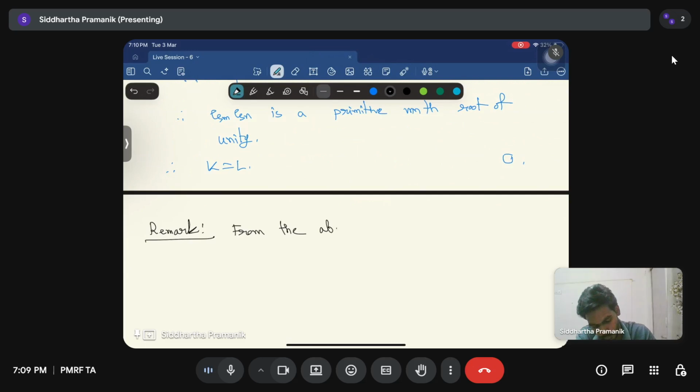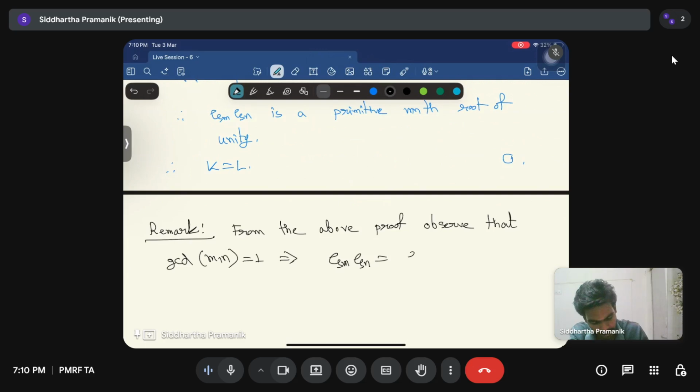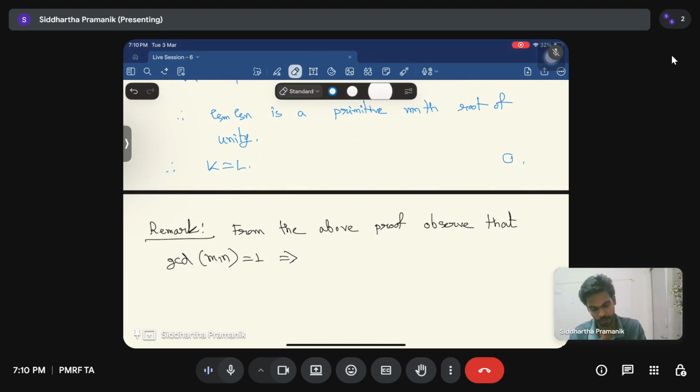From the above proof, observe that GCD of m comma n equals 1 implies zeta m times zeta n... you can say in some sense these are the same. So this product will give you a primitive mnth root. Okay, let me not write it in this way. It will mislead.